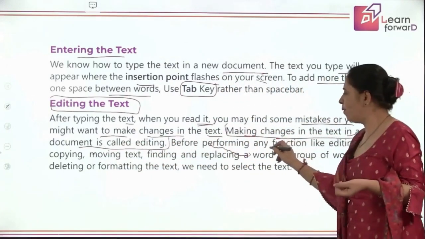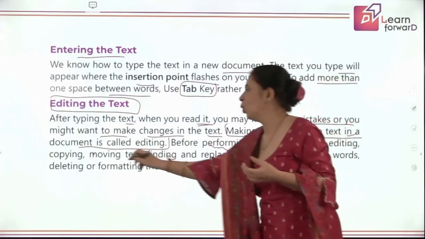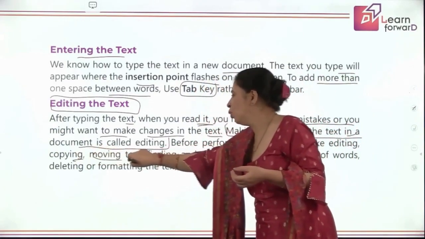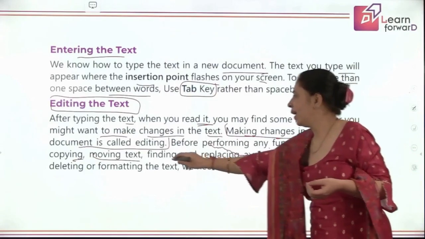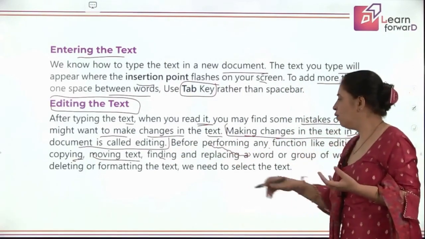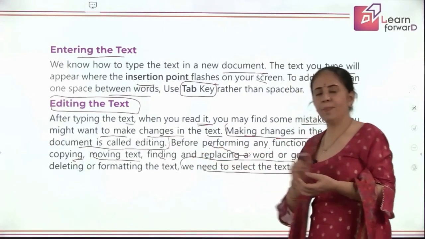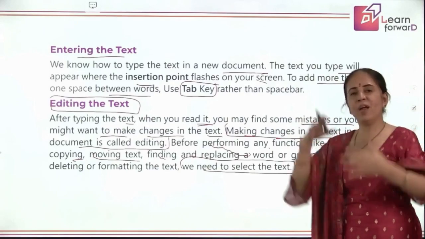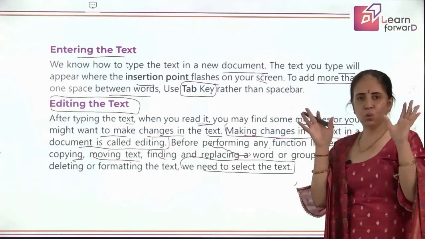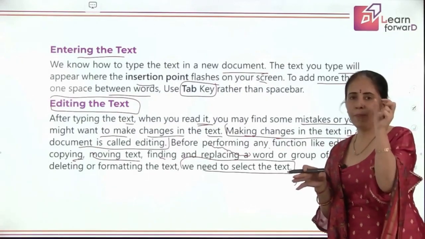And before performing any function, like you want to edit, or copy the text, move the text, find the text, or replace the text, it can be any text, we need to first select that particular text. Remember, because out of the entire text which you have typed in the document, you want to change a particular part of it.